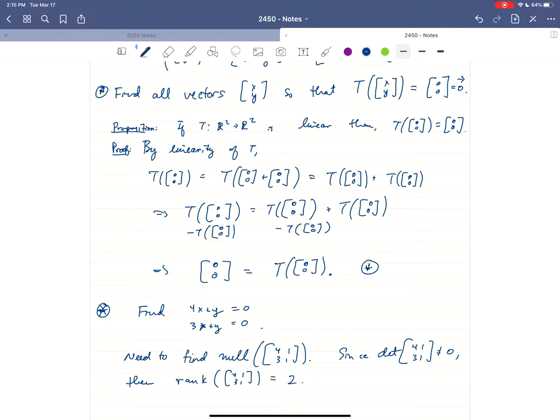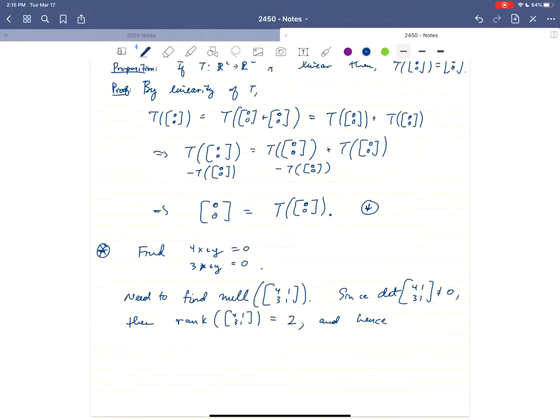It's got full rank. It's invertible. And hence, the nullity, the dimension of the null space of the matrix 4, 1, 3, 1 is 0.